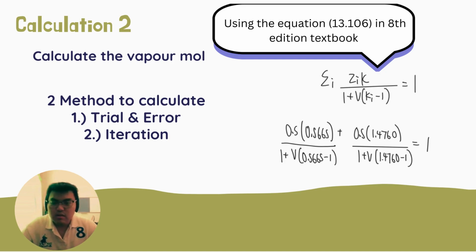As we finish the calculations for the K values of each component, next we calculate the vapor mole. For the calculation of vapor mole, we are using equation 13.106 in the 8th edition textbook, which is shown in the figure. From these equations, we can calculate by using two methods, which are trial and error and iteration.